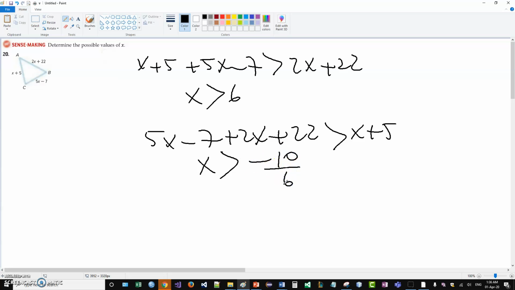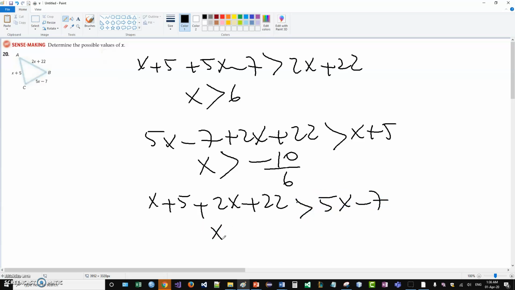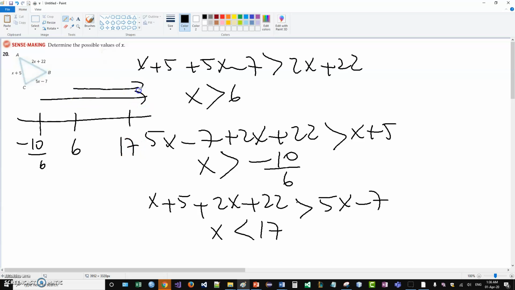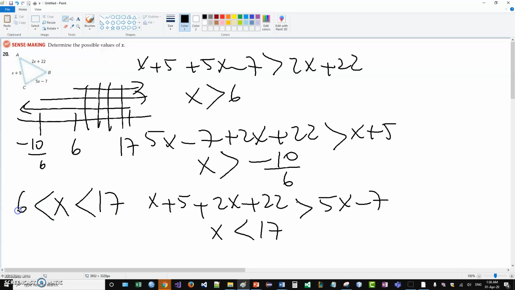And for the last one, x plus 5 plus 2x plus 22 greater than 5x minus 7. That gives us x less than 17. On the number line, minus 10 over 6, then 6, then 17. They all meet right here, so the possible values for x are between 6 and 17.